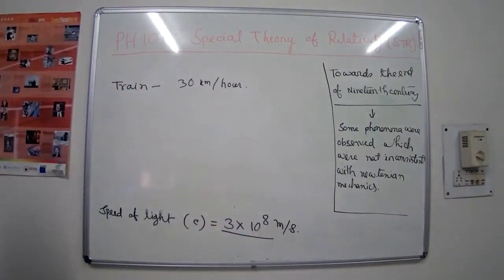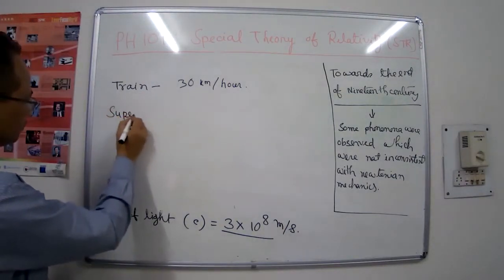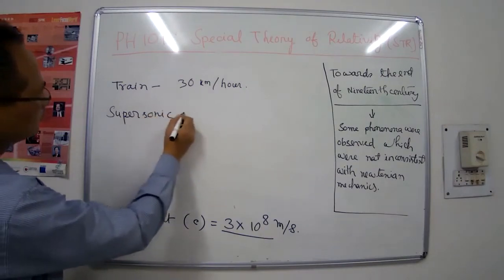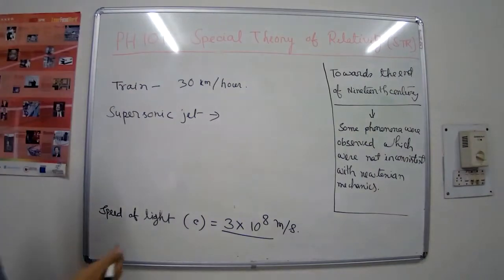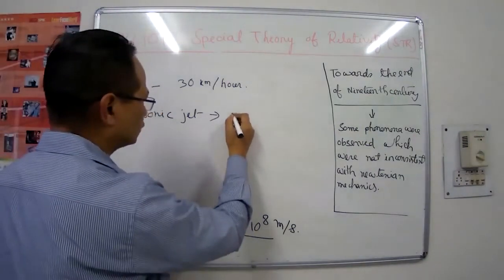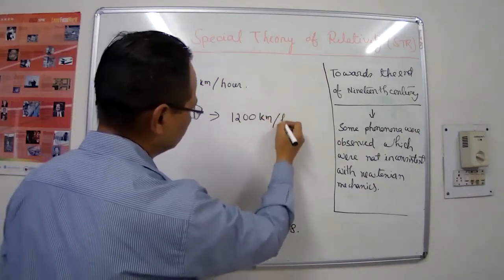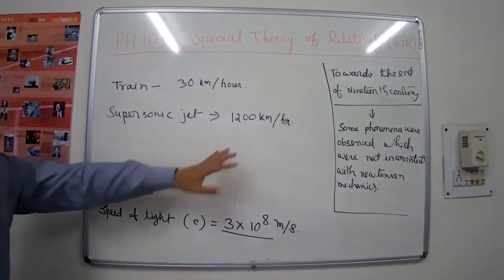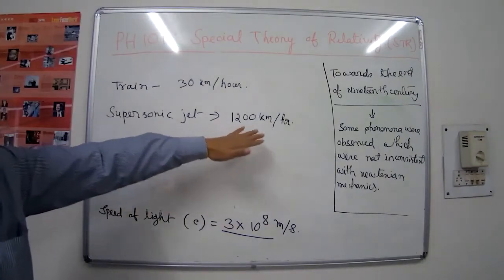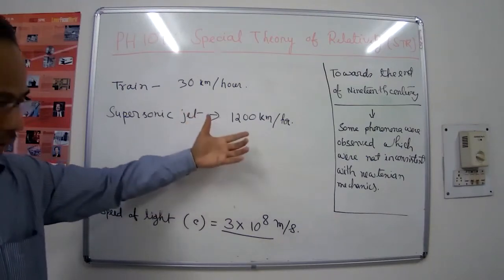And nowadays, if you think of a big body which is moving at a very high speed, what we can think of is a supersonic jet, let's say moving with a speed of 1200 kilometers per hour. Just to get a feeling, we may consider that 1200 kilometers per hour is a very large speed.